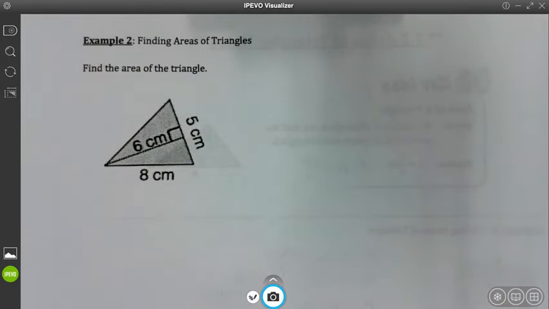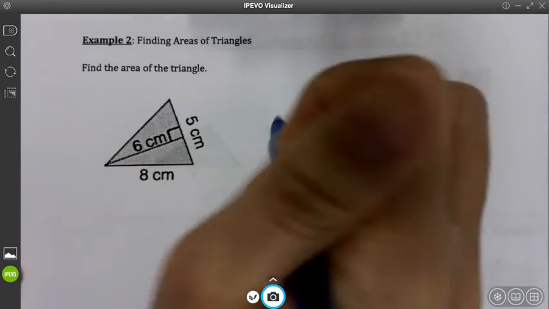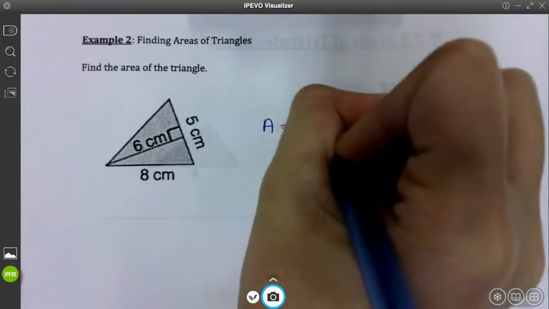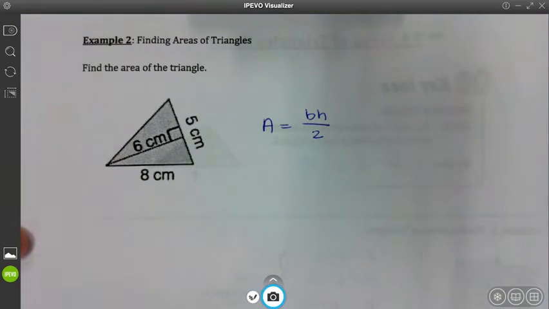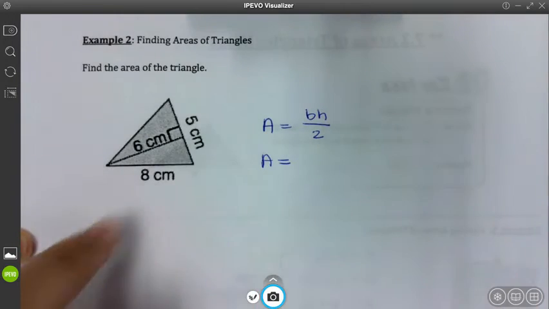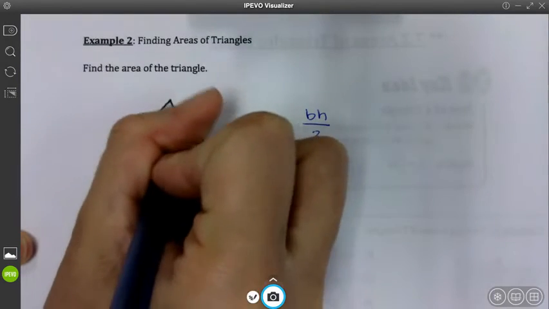Okay, example 2, finding areas of triangles. So again, just 3 steps. We recognize that this is a triangle. It has 3 outer sides. So I start with my formula. I'll show you for this one the other form of the formula, base times height split into 2. We plug in what we know. Now again, we're looking for that right angle to be the connection between the base and the height. So the right angle is here.